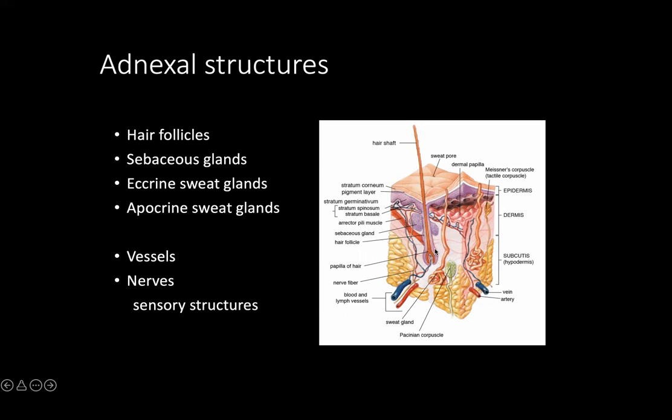You can have neoplasms arising more from the infundibulum or the isthmus. You can have cysts that develop from the occlusion of the follicular ostia and cause different types of cysts. So hair follicles, including basal cell carcinomas, are intimately tied to hair follicle dysfunction or developmental dysfunction.